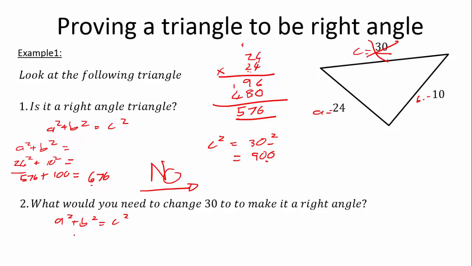We know that a squared plus b squared is 676. And we want to figure out c. How do we do this? We know that c is equal to the square root of 676, right? So now we need to find two numbers multiplied together that will give us 676.